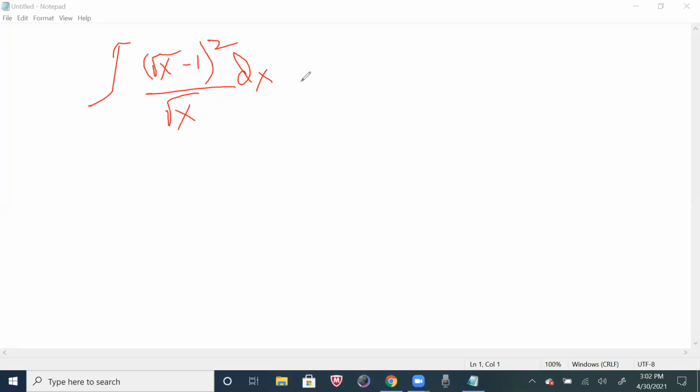So if we square the top, what do we get? x minus 2 root x plus 1. Correct?